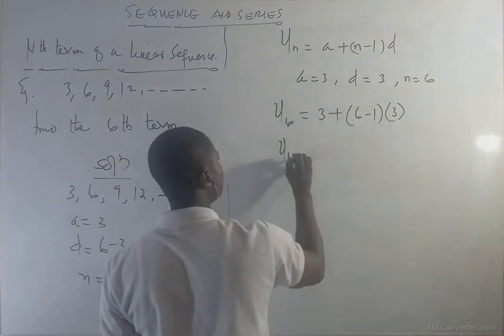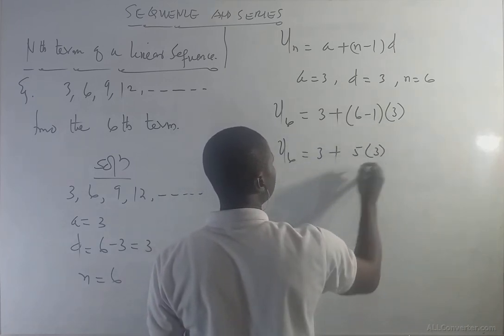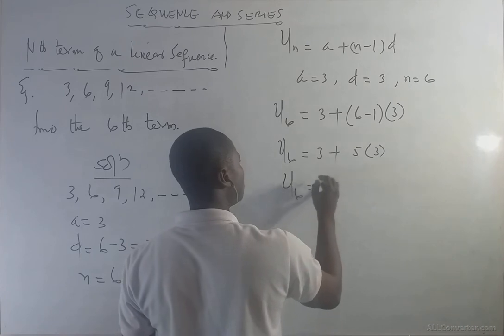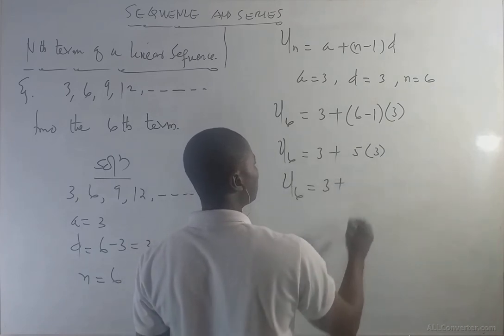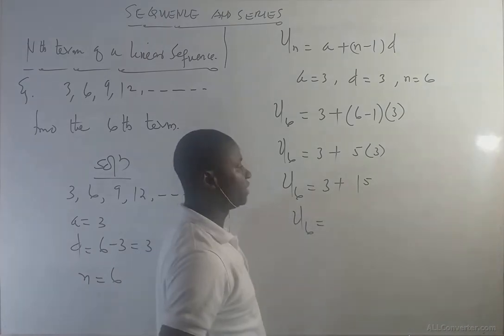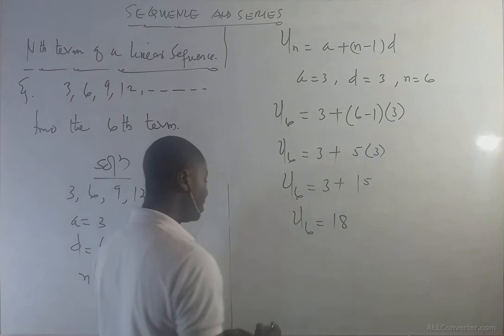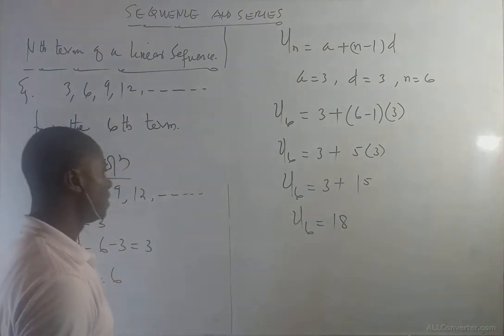So you have u6 is equal to 3 plus 6 minus 1, which is 5, so we have 5 times 3. u6 will be equal to 3 plus 5 times 3, which is 15. And u6 will be equal to 3 plus 15, which will give us 18. That means that the sixth term is 18.